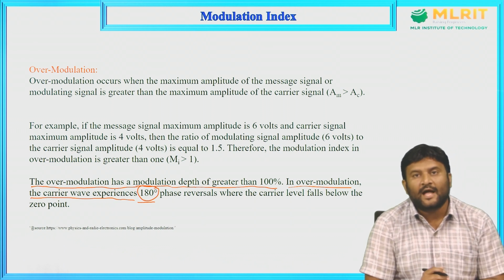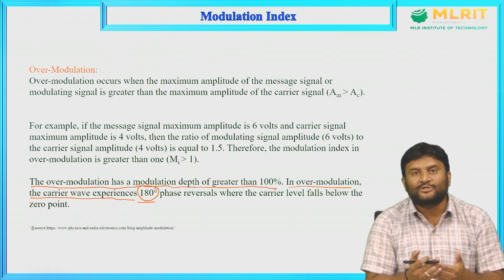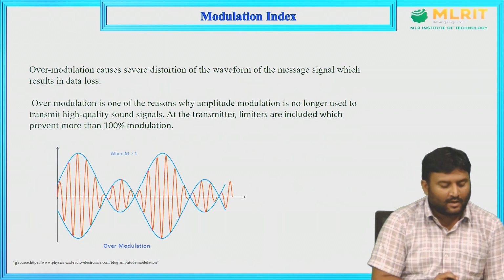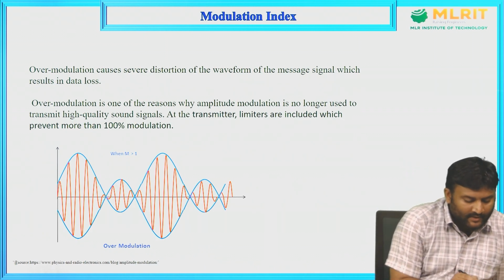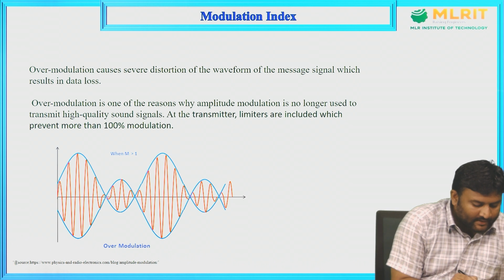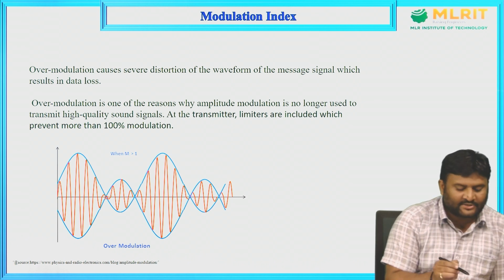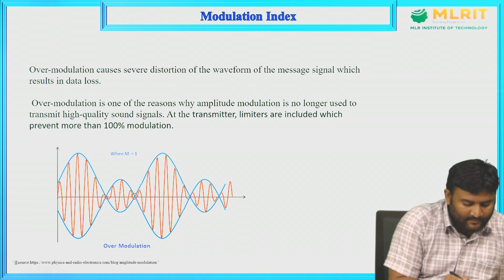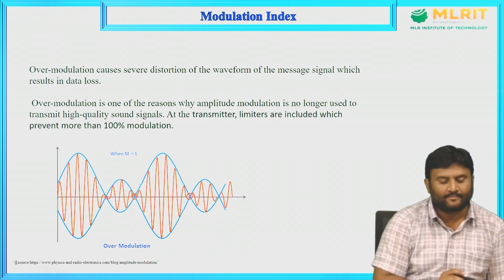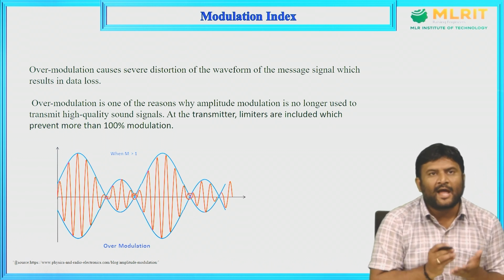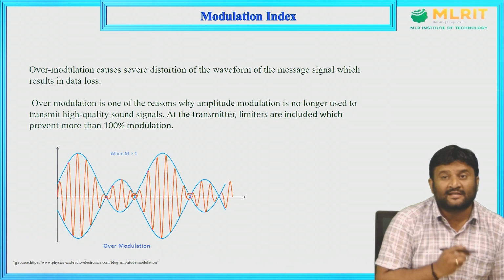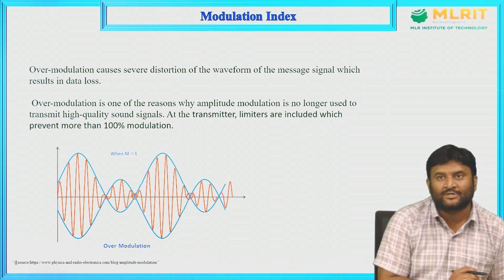It is clearly explained once you see the waveform. Here it reaches the 0 level, then here a 180 degrees phase shift happens. Observe here. Then what happens? A 180 degrees phase shift occurs, phase reversal is happening in over modulation.